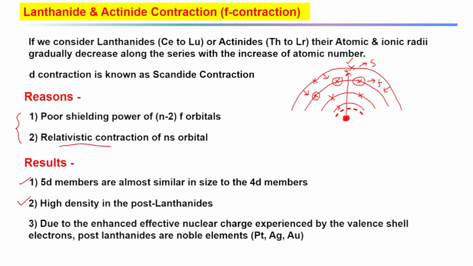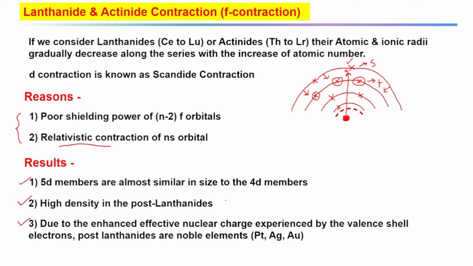Now the size is the same, but the atomic number and atomic weight are more, so the density increases. So there is high density in the post lanthanides, and due to the enhanced effective nuclear charge experienced by the valence shell electrons, post lanthanides are noble elements.